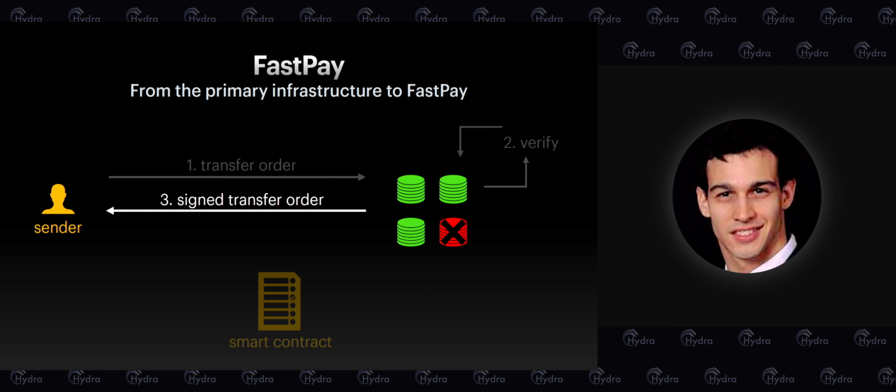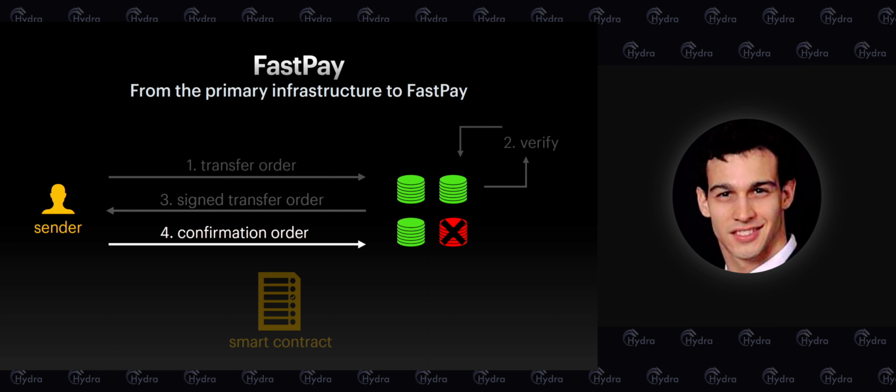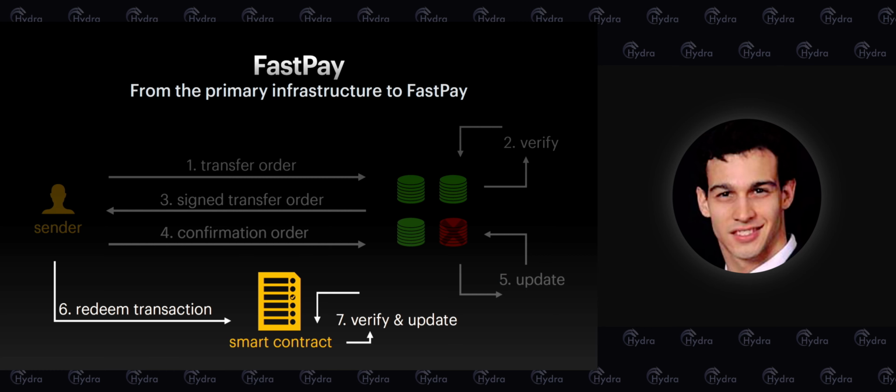This is similar to when we want to transfer funds to a recipient. But now we send back the transfer order to the nodes, which will update the states. This will also create a redeem transaction, so the sender now can take the confirmation order, which has a special recipient, which was the smart contract, and send the transaction through the primary blockchain.